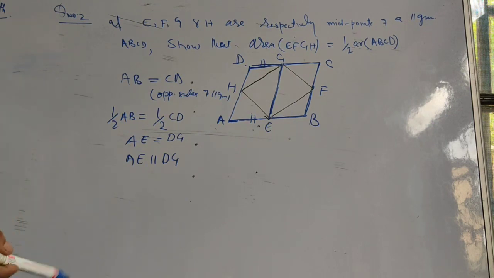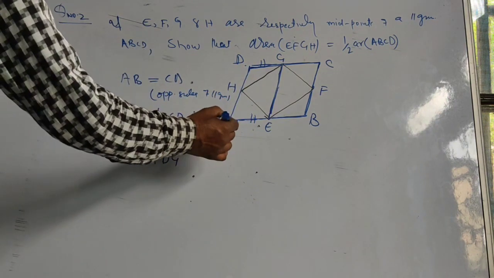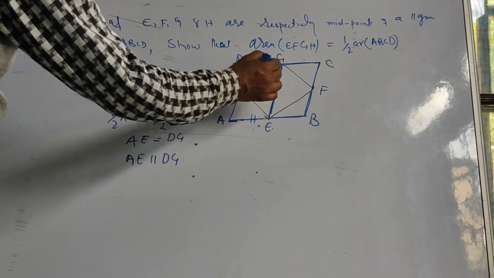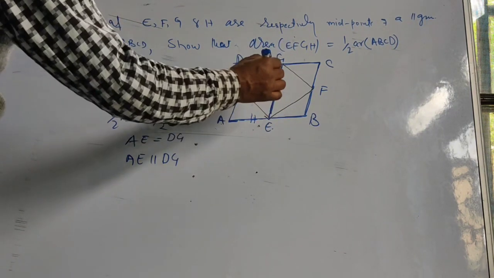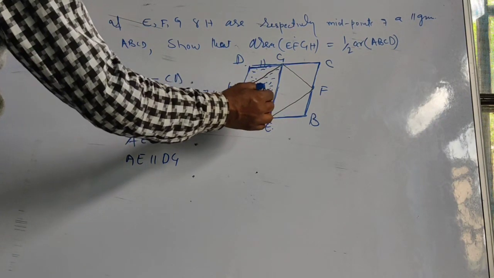Now you see, this AEGD portion, because AG divided it into two equal parts, is also a parallelogram.